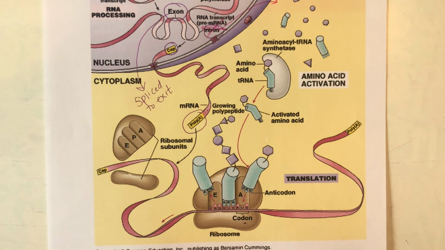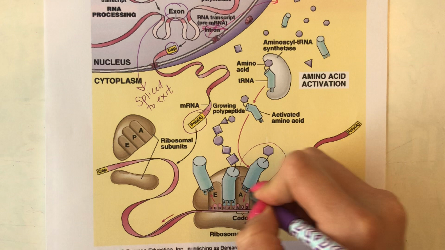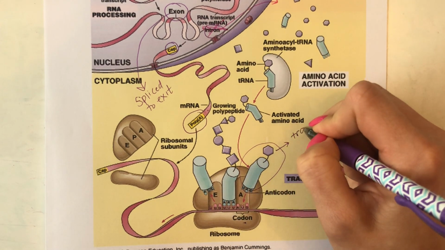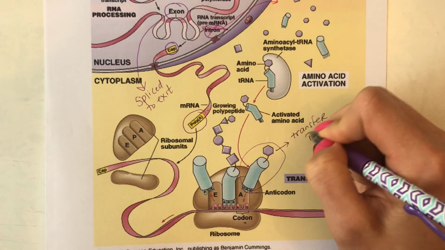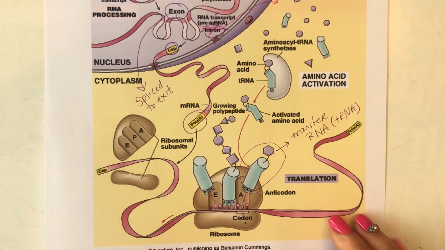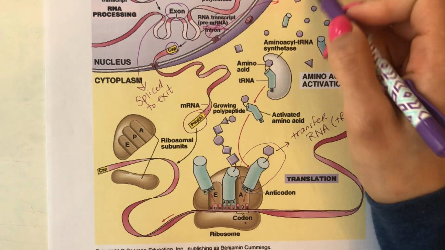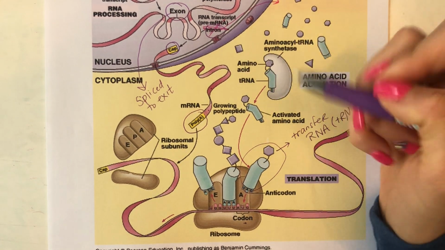What does the building, or assists in the building, are these structures here. These are your transfer RNA, your tRNA. And what they have attached to the top of it are your amino acids, and you can see them kind of floating around here in the cytoplasm.